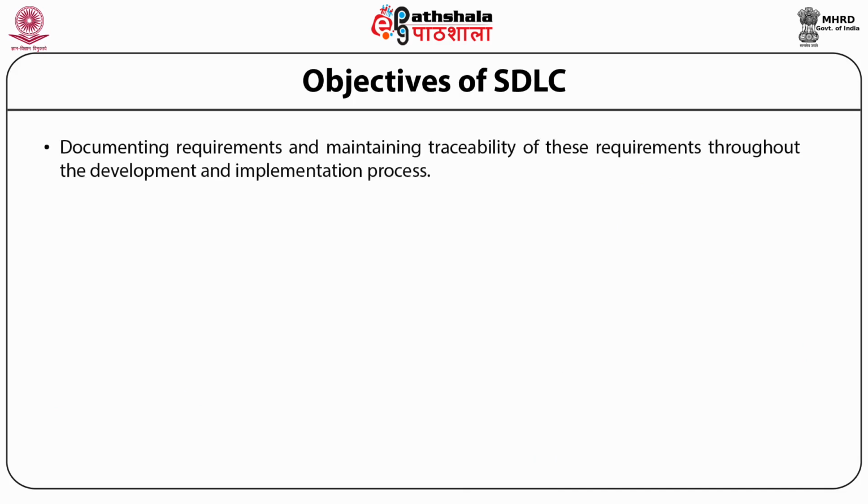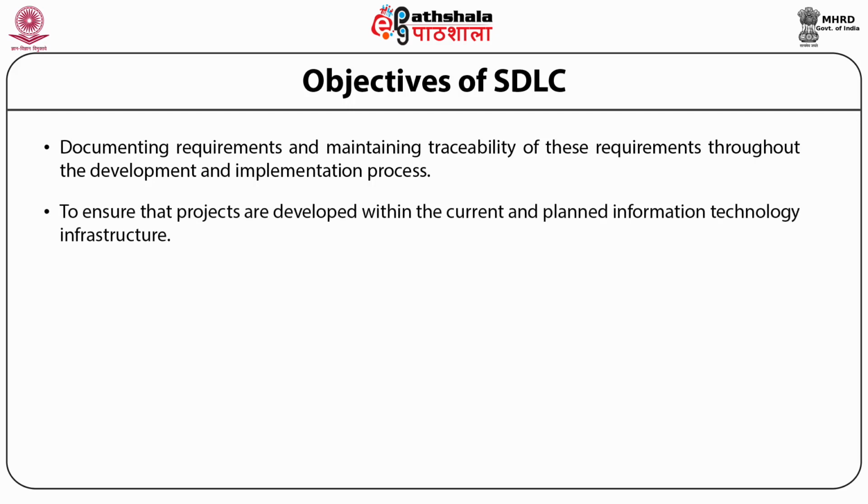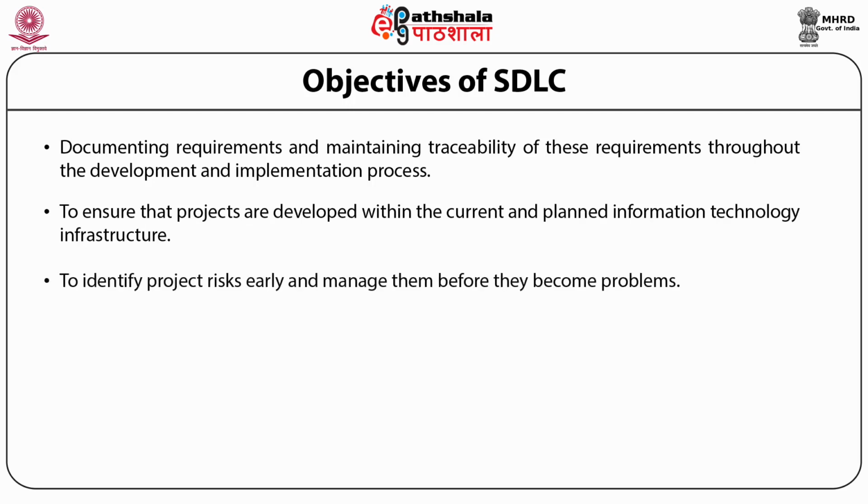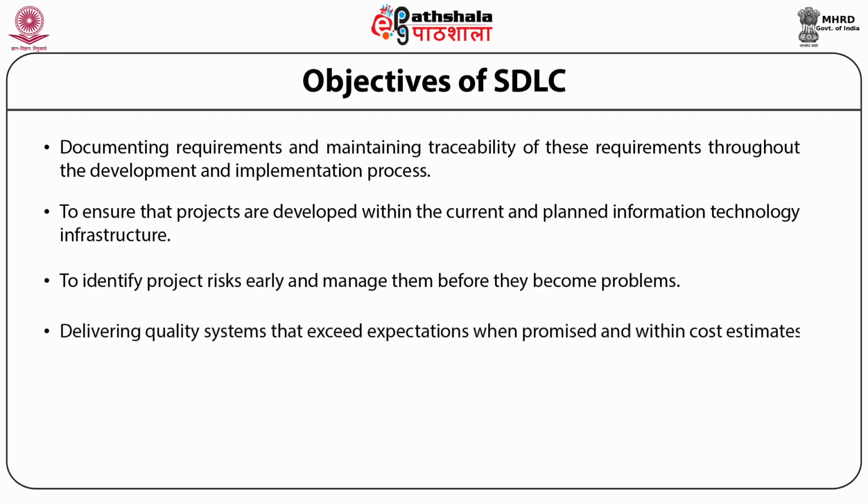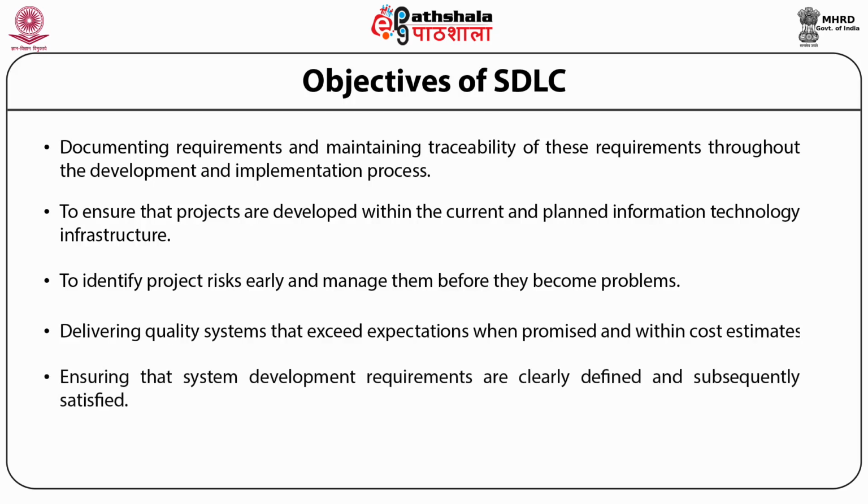Firstly, documenting requirements and maintaining traceability of these requirements throughout the development and implementation process to ensure that projects are developed within the current and planned information technology infrastructure; to identify project risks early and manage them before they become problems; delivering quality systems that exceed expectations when promised and within cost estimates; ensuring that system development requirements are clearly identified and subsequently satisfied.